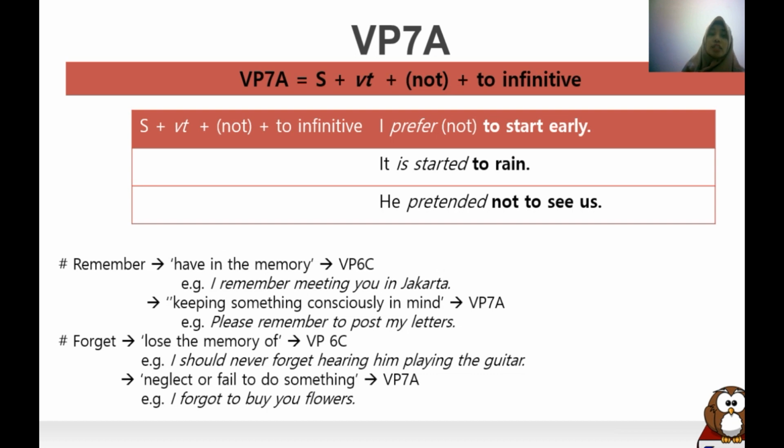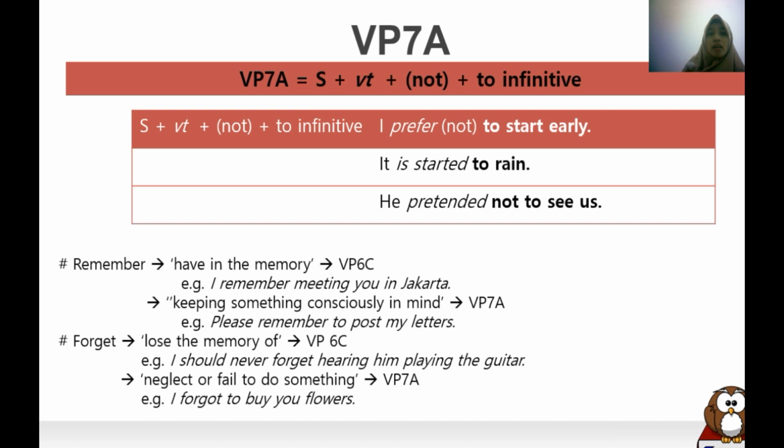Okay, you need to remember there are some notes here. The first is the use of the verbs remember and forget, because we also have similar verbs in VP6C. When remember means to have in the memory, you use VP6C. For example, I remember meeting you in Jakarta.